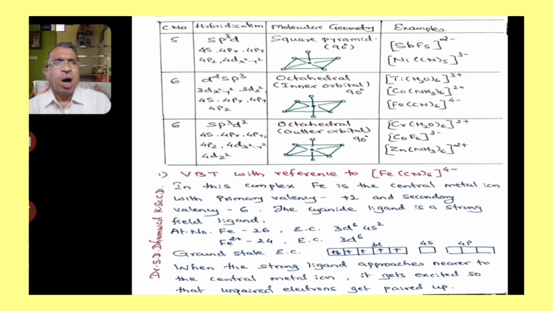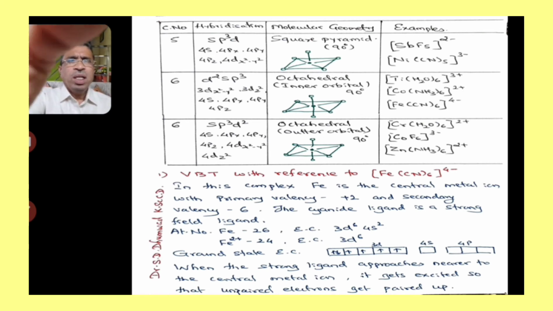With outer orbital complexes, 4dx²-y² and 4dz² orbitals are used, and examples are the hexaaqua chromium 2 ion, hexafluoro cobalt 3 ion, and hexamine zinc 2 ion.